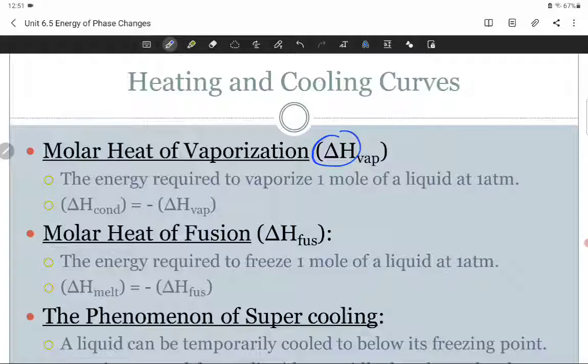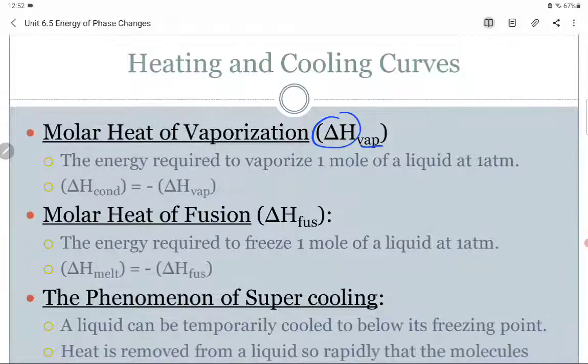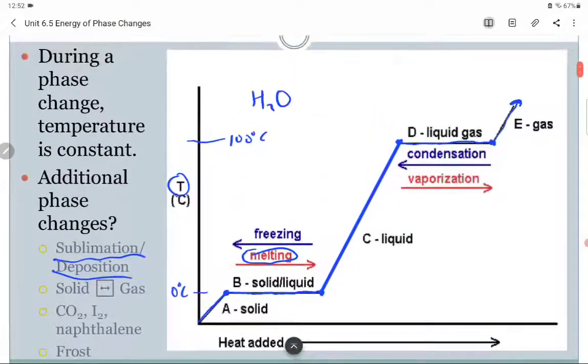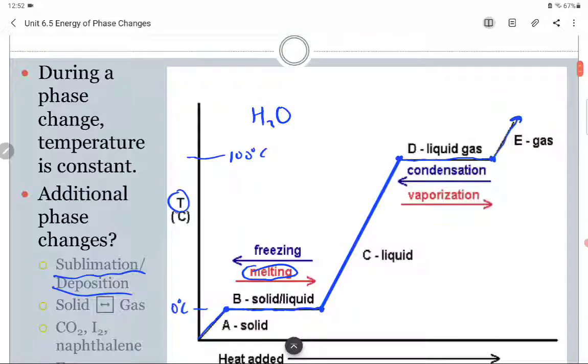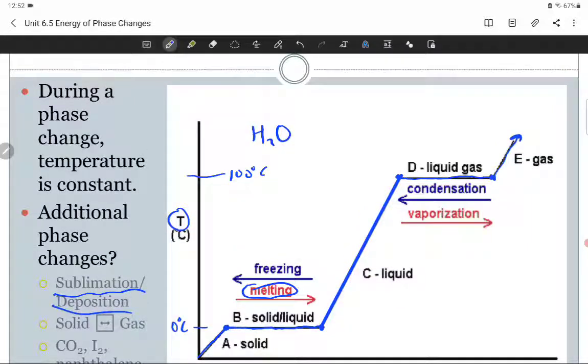I'll introduce it now. It's called enthalpy, but we can call it heat right now. So change in heat, and VAP is vaporization. So that would be specifically if you had a liquid go into a gas, but it'll be the same identical number, just opposite sign if it's condensation.